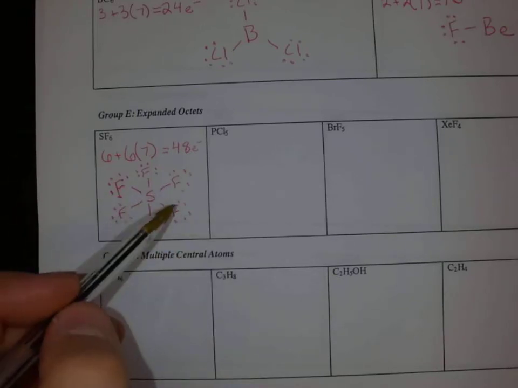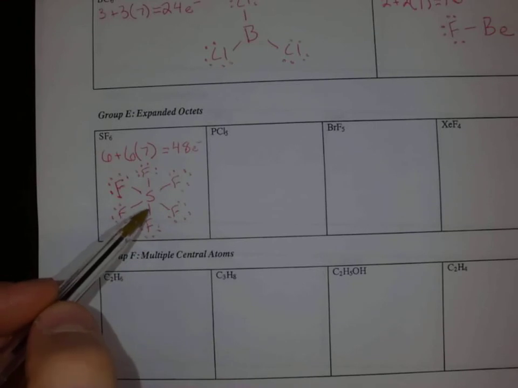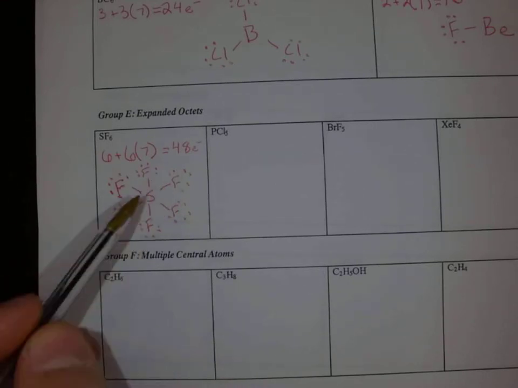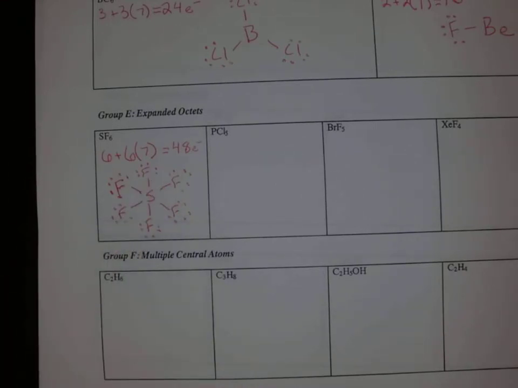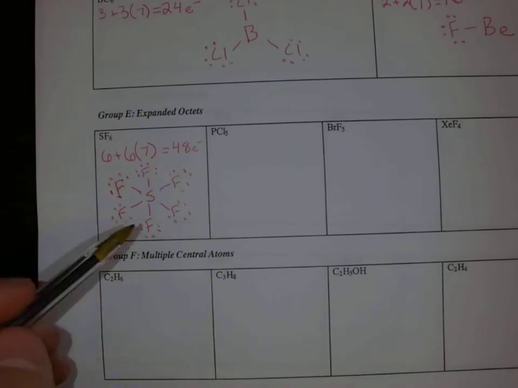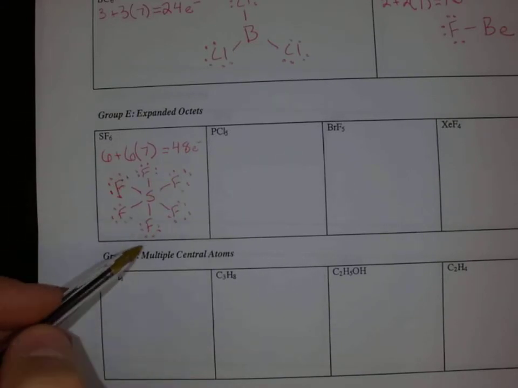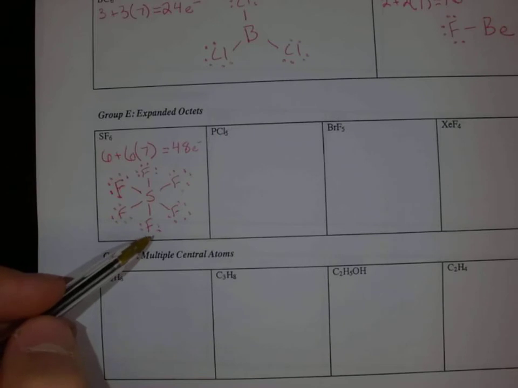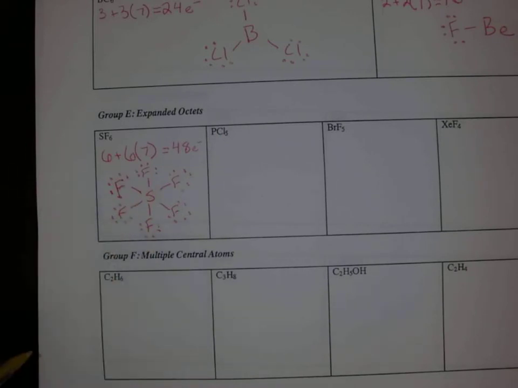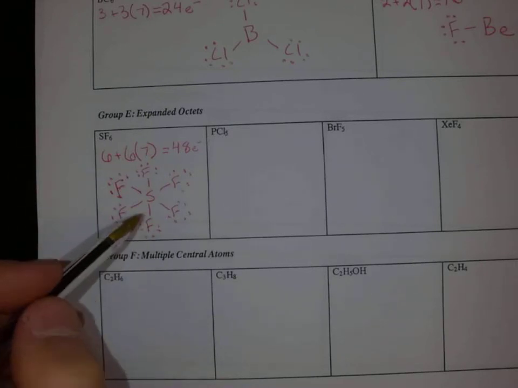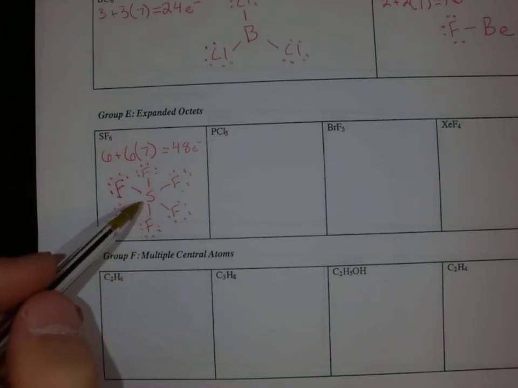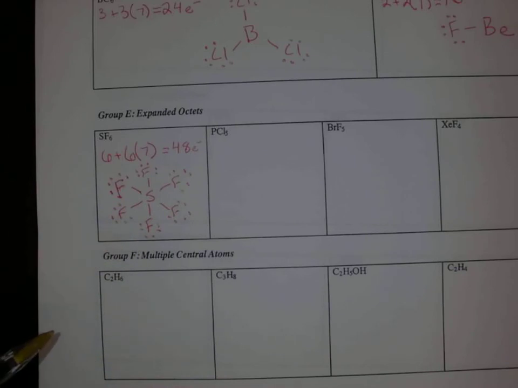In this case, we have an expanded octet, and sulfur has 2, 4, 6, 8, 10, 12 electrons around it. That doesn't seem stable. It is not as stable, but because fluorine is the big pig and it really wants that extra electron, it gets a lot more stabilized when it has 8 electrons around it. And so it can force sulfur to share and have up to 12 electrons around it.